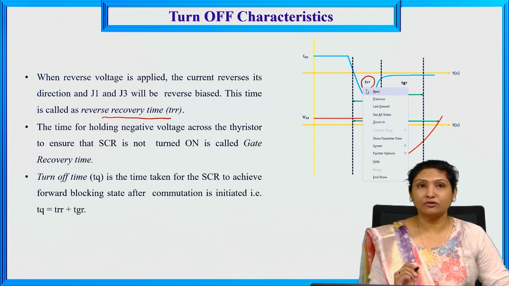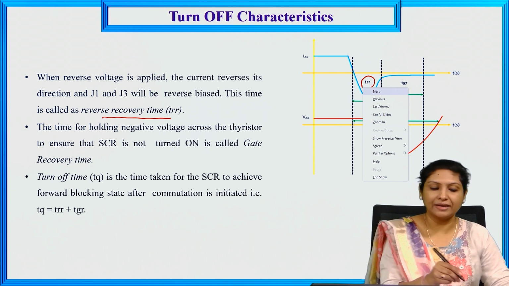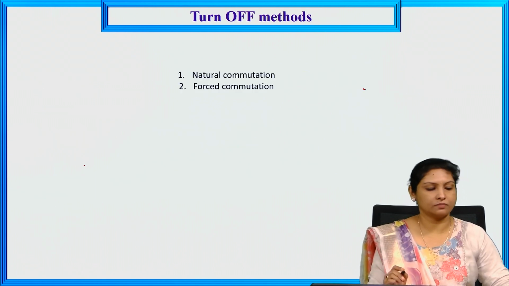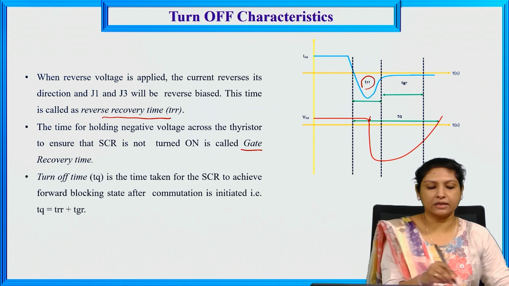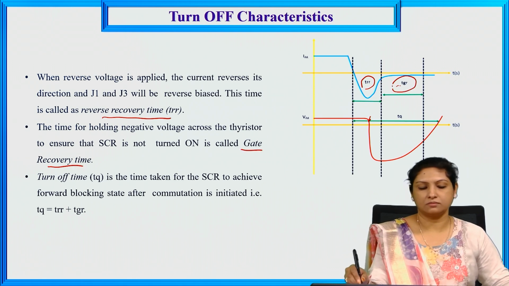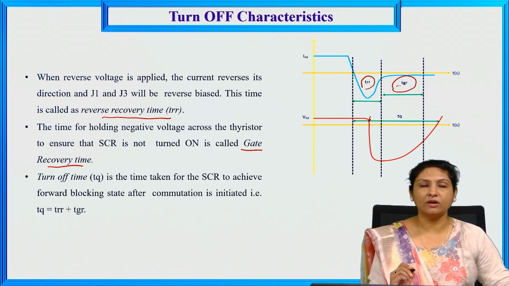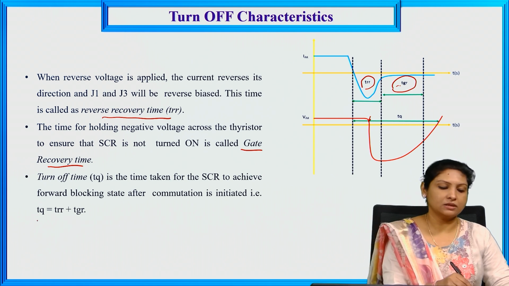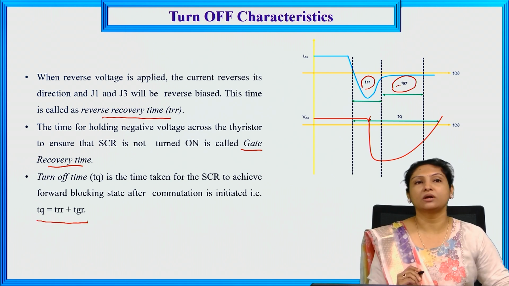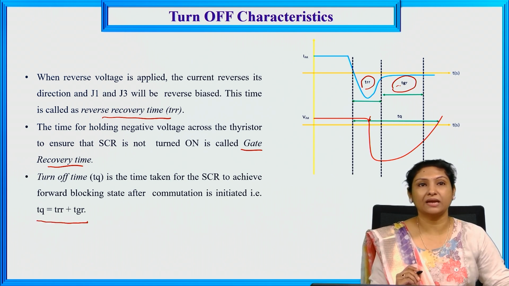And the time for holding negative voltage across the thyristor to ensure that the thyristor is not yet turned on is called gate recovery time. And the turn-off time is the time taken for the SCR to achieve the forward blocking state after commutation is initiated. That is equal to reverse recovery time plus gate recovery time.